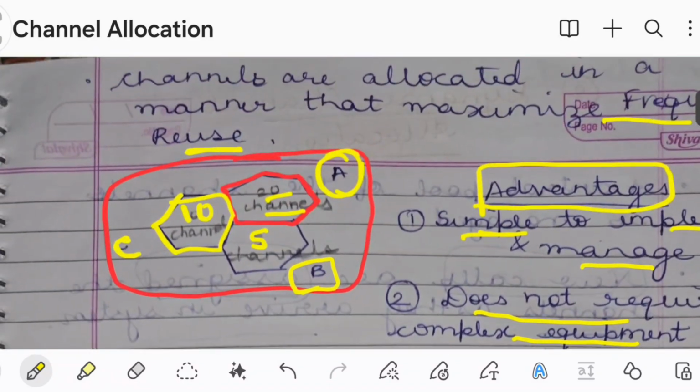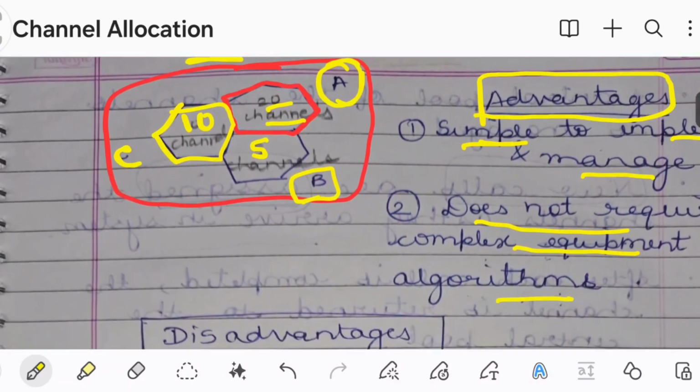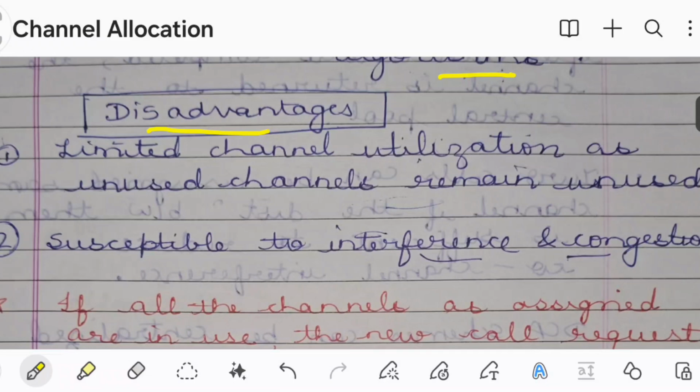It may be possible that only 10 channels are used for the A cell, so the rest 10 would be unused, so it will be wastage. That is why it is disadvantageous to use the fixed allocation strategy. Then it is also susceptible to interference and congestion.